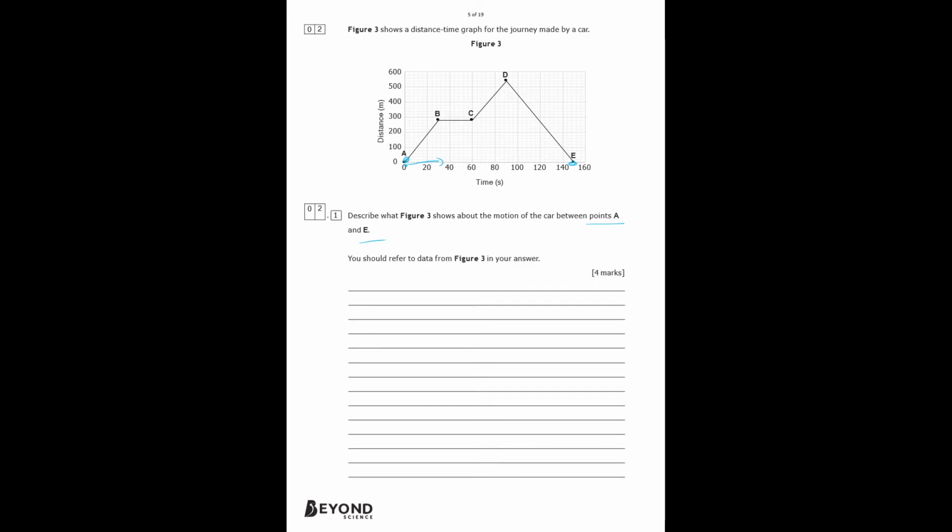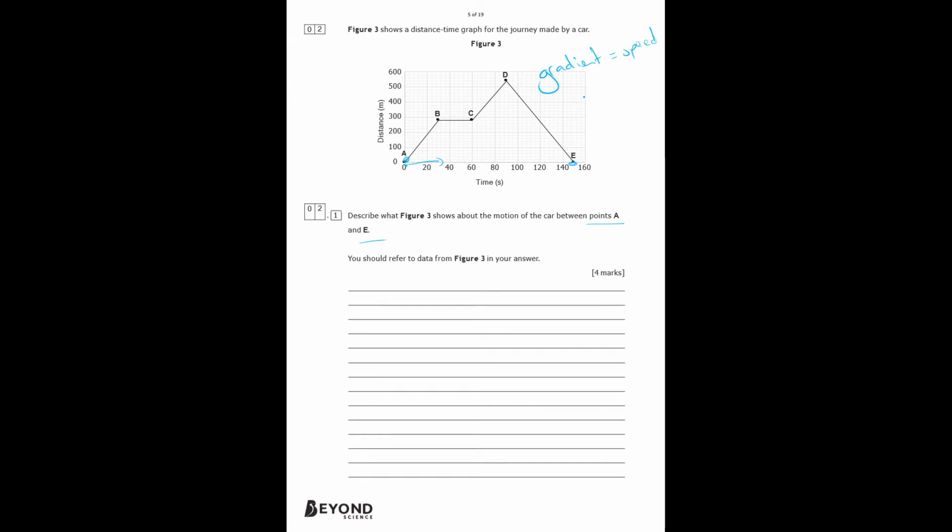Okay, interesting graph, but nonetheless we'll do it. So you should refer to data from figure 3 in your answer. So let's start with between A and B. One thing I'd expect us to know on a distance time graph is the gradient tells us about the speed.